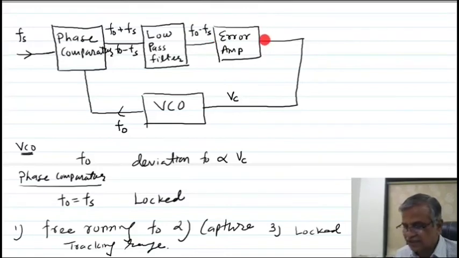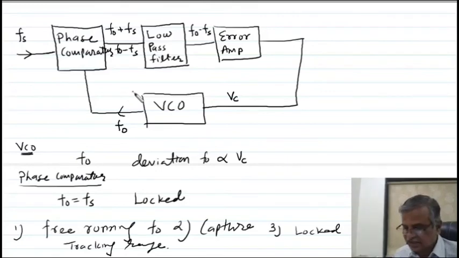The error amplifier produces a small DC voltage with this beat frequency FO minus FS, and this changes FO, and this process continues till FO is equal to FS.